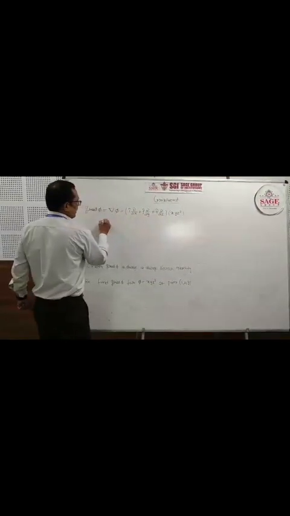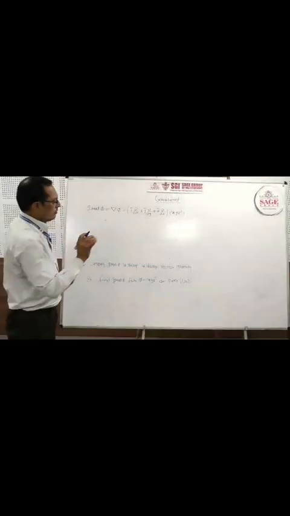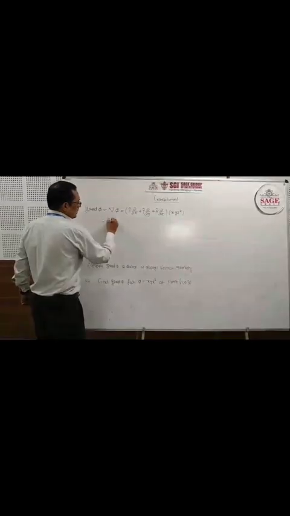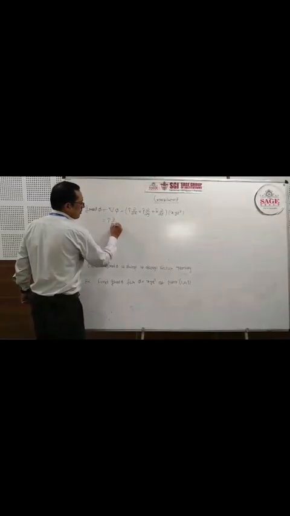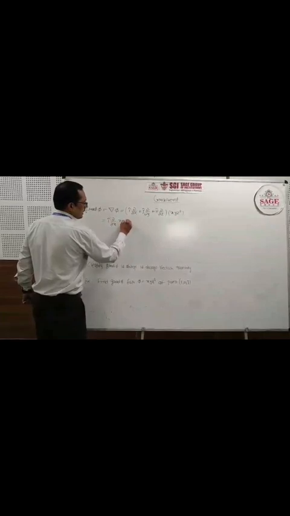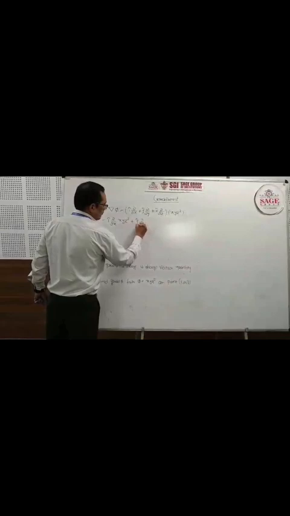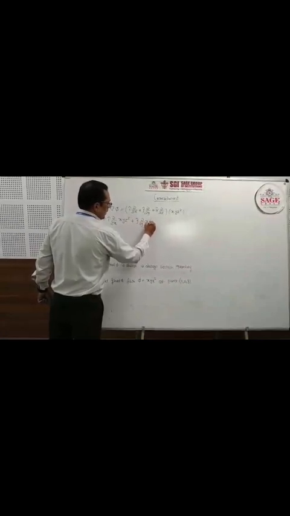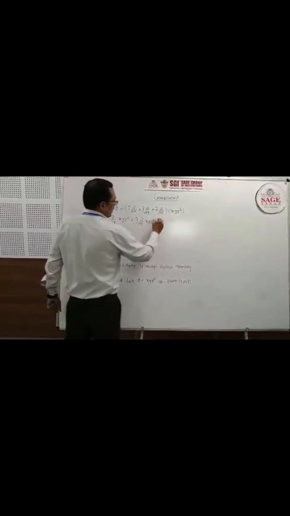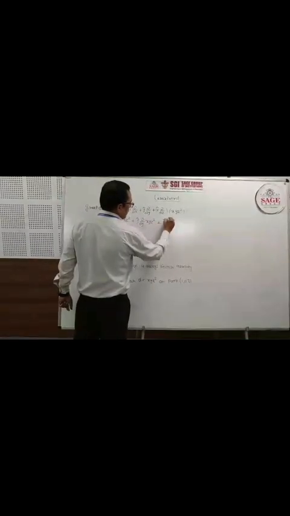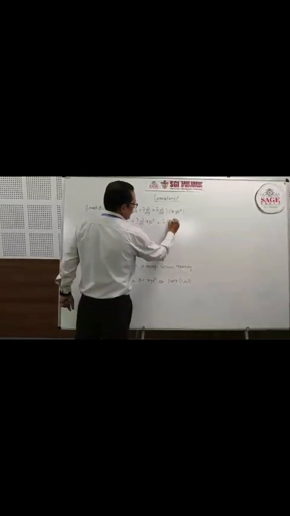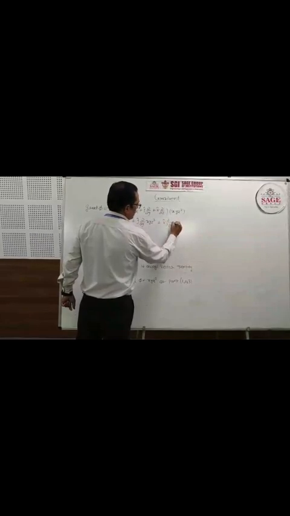Now we multiply here, this is the simple multiplication. So this is i ∂/∂x of the function x y z square plus j ∂/∂y of the function x y z square plus k ∂/∂z of the function x y z square.